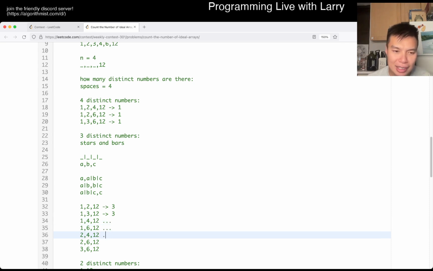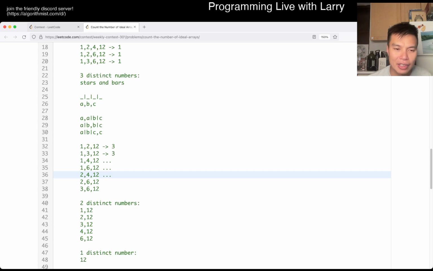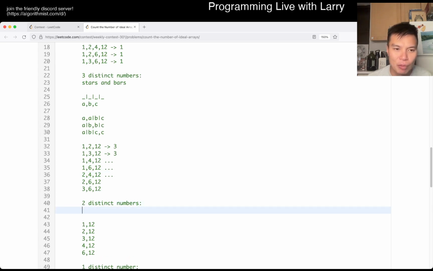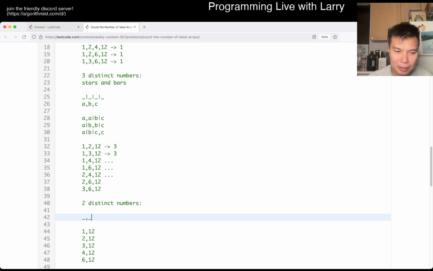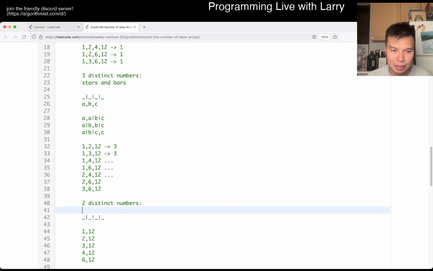And if you generalize it, let's generalize it for a second. We have 4 spaces. So that means that we have 3 stripes, and we want to choose one of them to divide the 1 and 12. So this is 3 choose 1. And the same way here, maybe I didn't say it very well, but here we have 3 numbers, so we want to put bars between 2 of them.